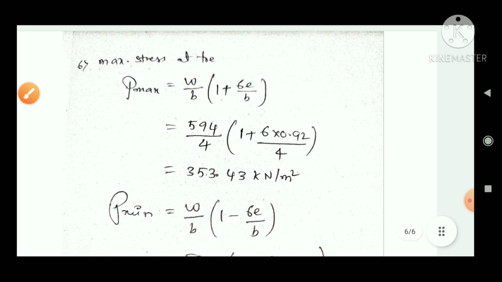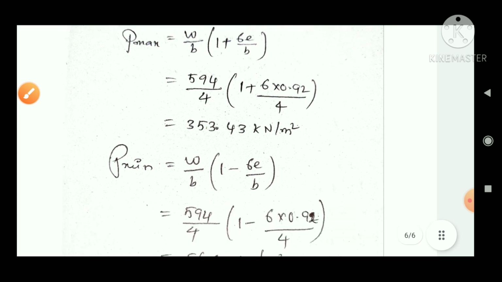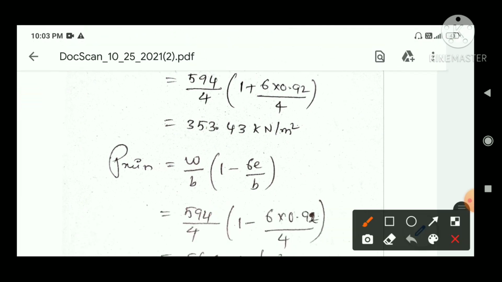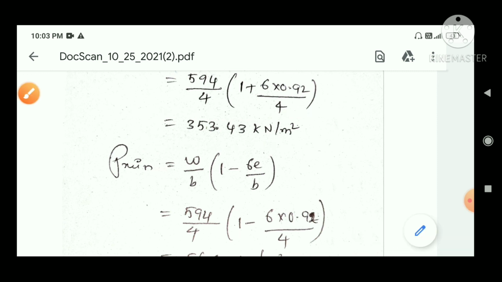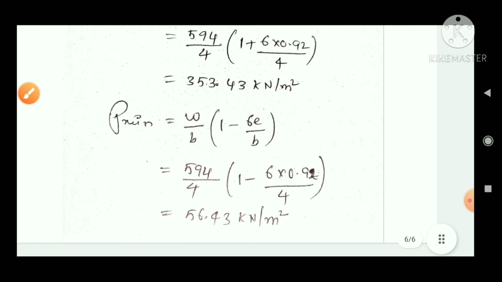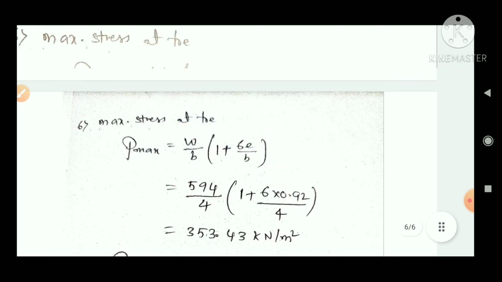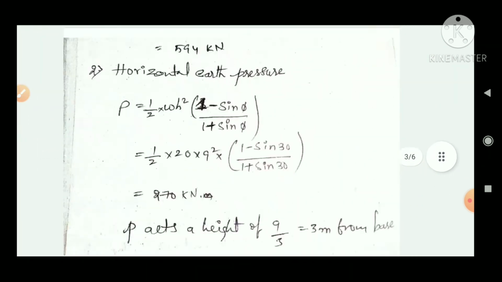Then we substitute in the formula, and we got the answer 353.43 kilonewtons per meter square. Minimum is 56.43. This is the formula of the retaining wall.